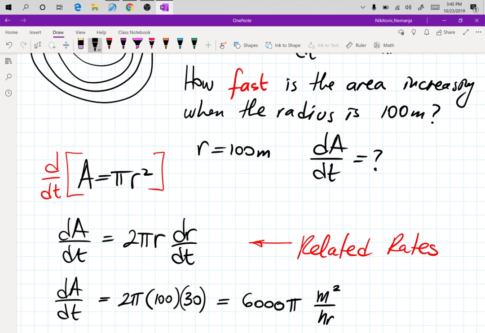So we have an airport over here. And now there's an airplane flying towards the airport. The airplane's going due west, but it's coming from the east.